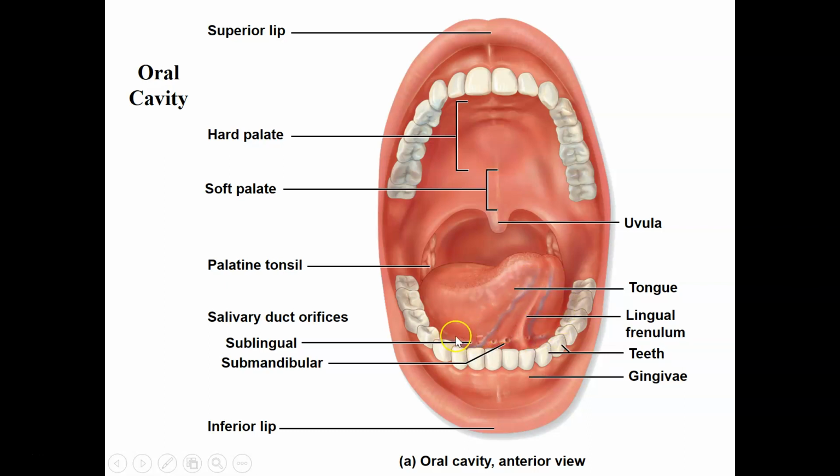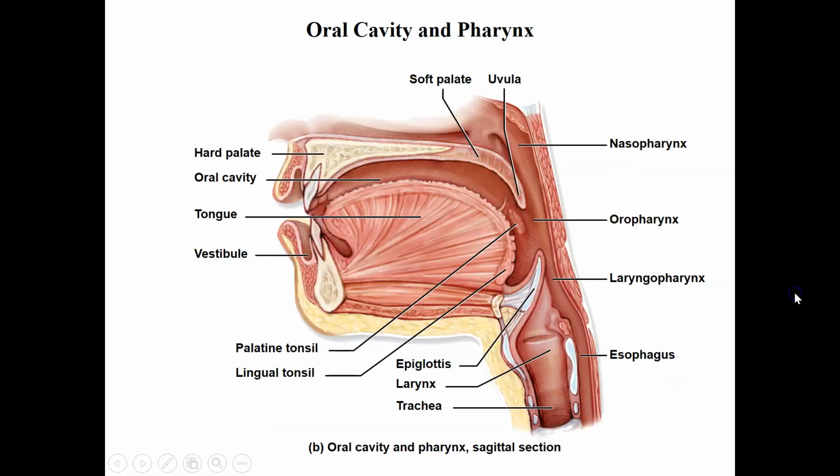And then beneath the tongue are various pores or opening orifices where saliva is secreted into the oral cavity. And of course the teeth. So we'll talk about the main types of teeth that are involved and their role in mastication, mechanical digestion of the food.